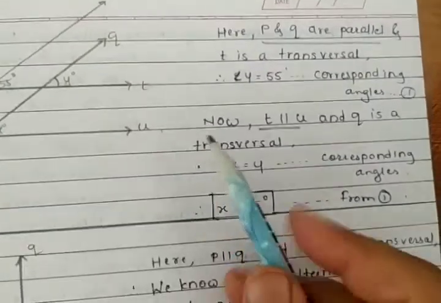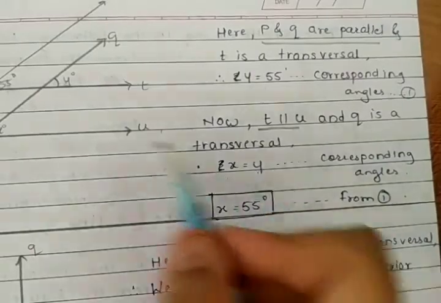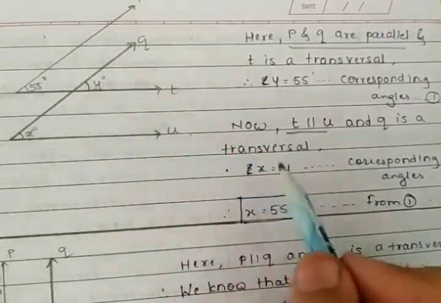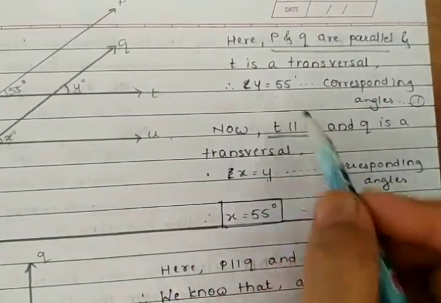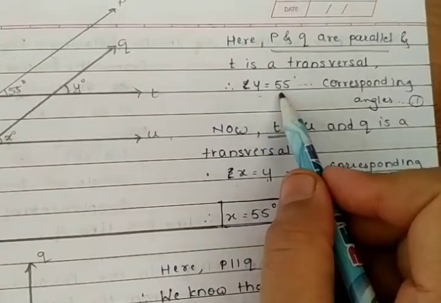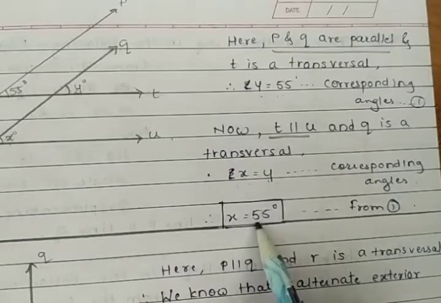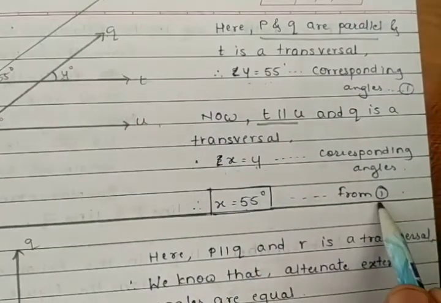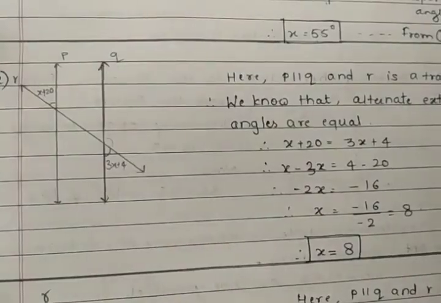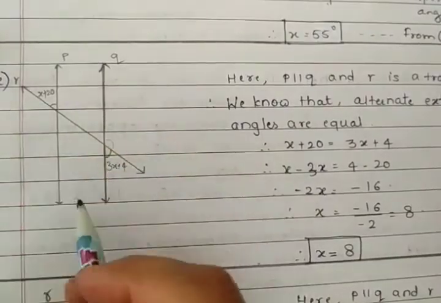That means x is equal to y. In the first equation we found the value of y, that is 55. That means the value of x is also 55. So x is equal to 55 from equation 1.